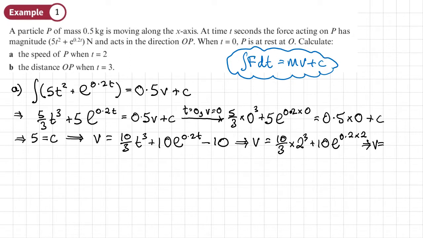So the full answer that gives me is 31.58491, and so on. So as usual, 3 significant figures, so we'll do 31.6 meters per second.